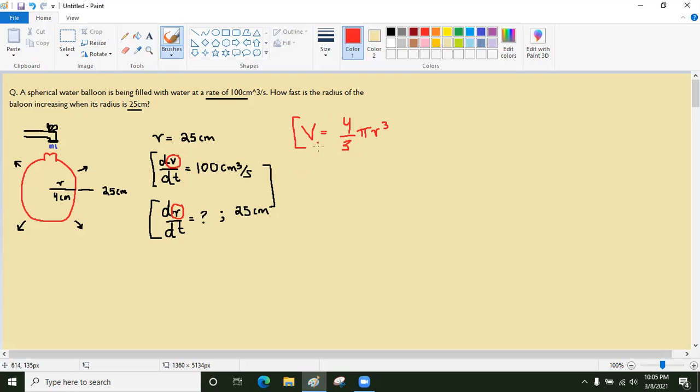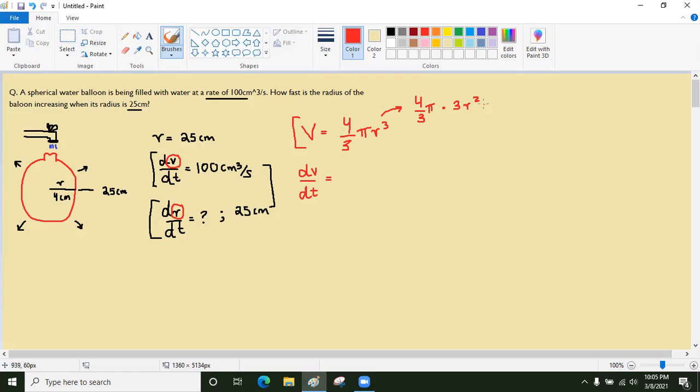So the derivative of V with respect to time is just dV over dt. Then we would pull out a constant, which would be 4 over 3 pi, and multiply that by the derivative of r cubed, which is 3r squared, using the power rule.